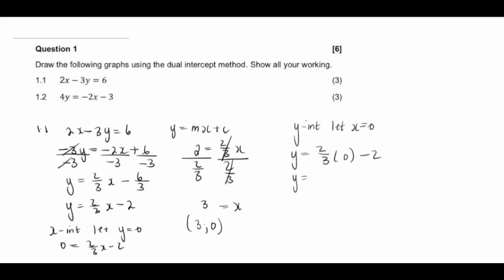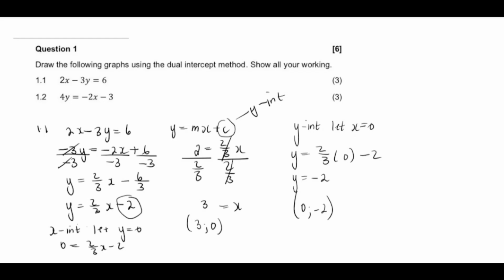Then y is equal to, you type this into the calculator, negative 2. Remember, you can also get your y-intercept straight from the equation because the value of c is our y-intercept. That means our point will be 0, negative 2.